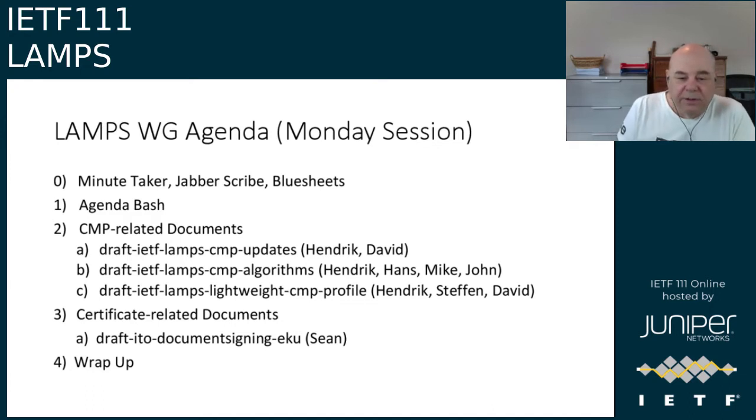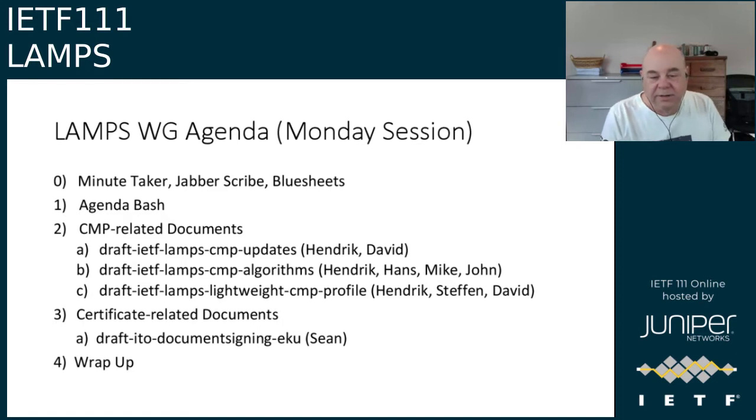We have two sessions this week, 1 hour each. That was necessary to reduce the number of conflicts in putting the agenda together. So today we're going to talk about CMP, the 3 CMP related documents, and then we'll talk about the document where some folks want to assign an additional extended key usage for document signing.